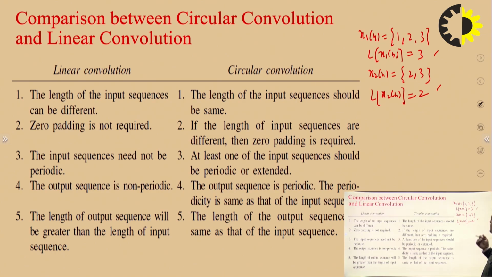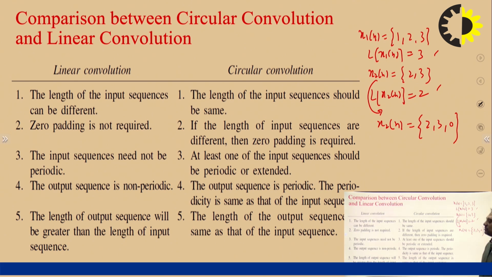That is called zero padding, our second point. In linear convolution, zero padding is not required. We can directly find the linear convolution between these two sequences. But if the lengths of the input sequences are different in circular convolution, then zero padding is required. So we add one zero pad in this sequence, and now we can apply the circular convolution between these two sequences.